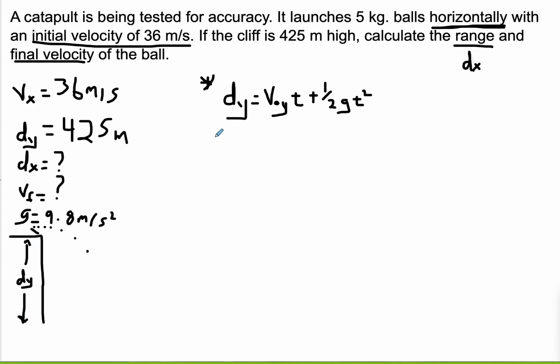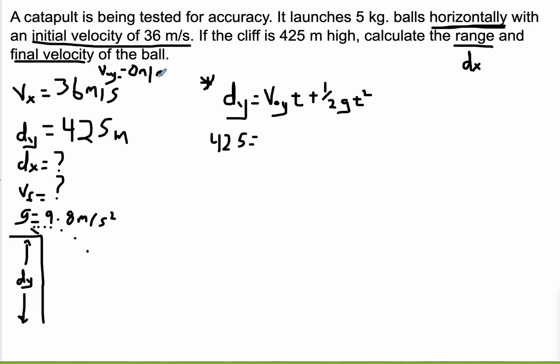So I'll plug in 425 here, and that's going to equal... Now, what's the starting speed in the y direction? We actually know that as well. Because it was launched horizontally, there's one moment in time, we called it our Wile E. Coyote moment, where he runs out from the cliff and he's not falling yet, right?